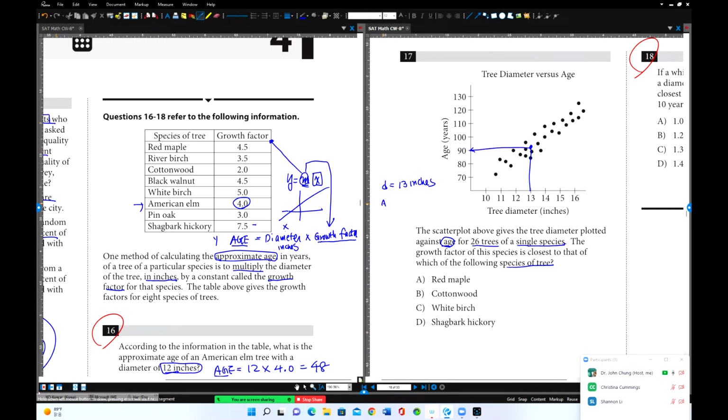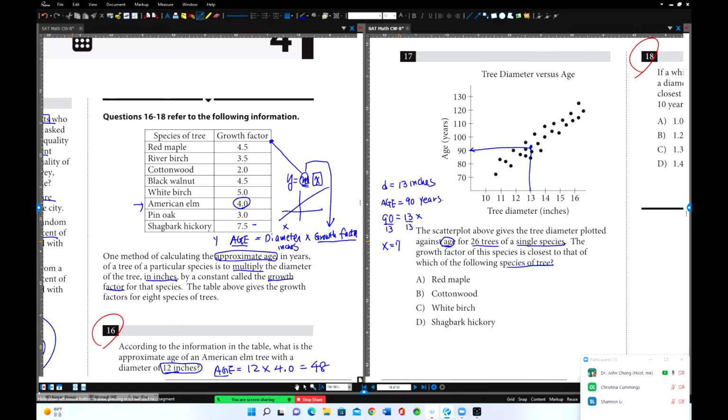So age equals diameter 13 times growth factor, which I'll call x. When you divide both sides by 13, x is around 7. Which one has around 7?